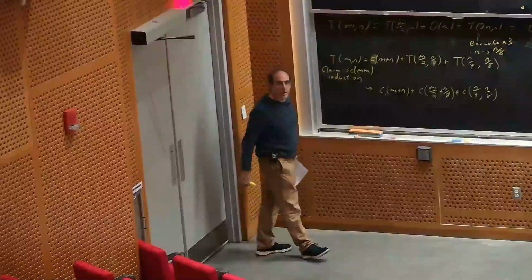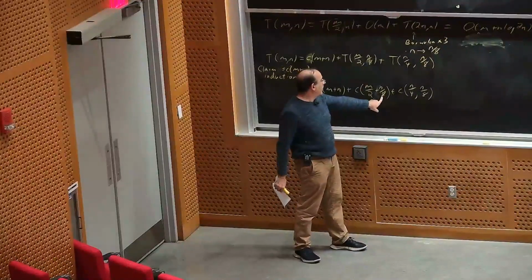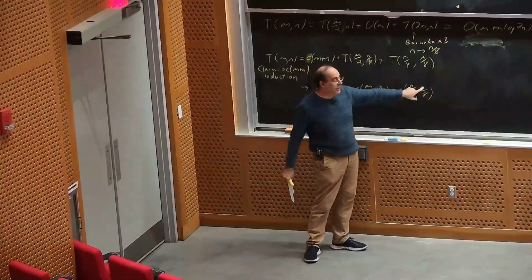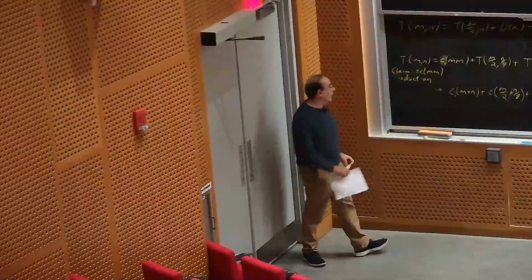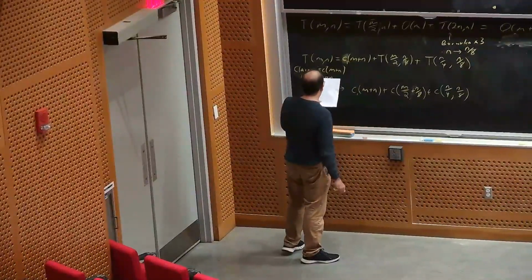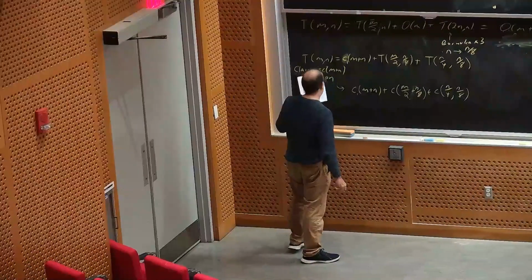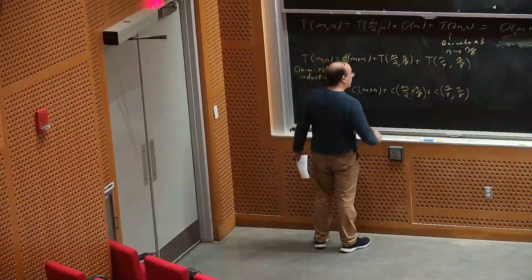And now you can see why I decided to run 3 iterations of Boruvka's algorithm. Here I've got 3 terms in n, but together they only add up to n over 2. Okay? I can gather up my m terms, right?